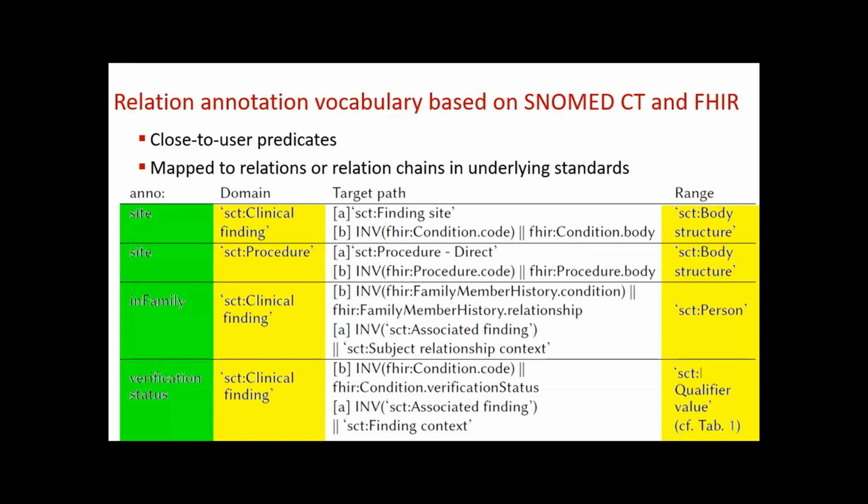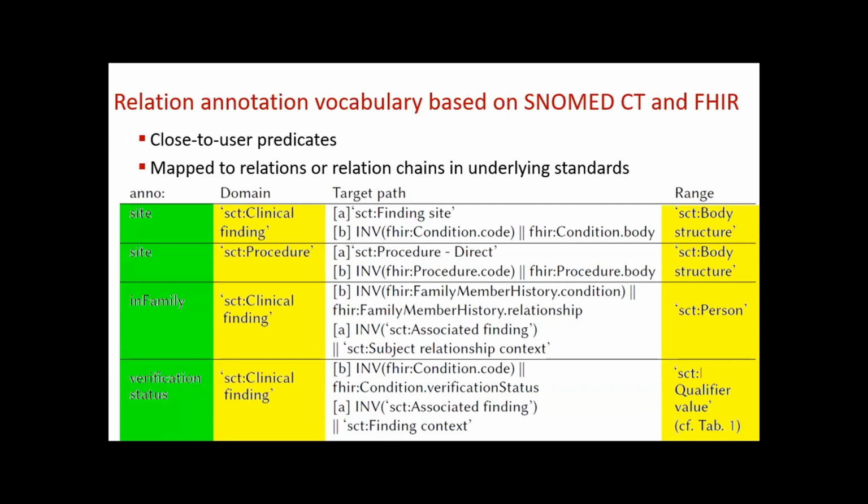That is really a problem, that there are, for instance, how to relate negation or family history to a SNOMED concept. You can do this with SNOMED only, or perhaps better, you should use FHIR for this, and you should embed the codes in FHIR resource instances.